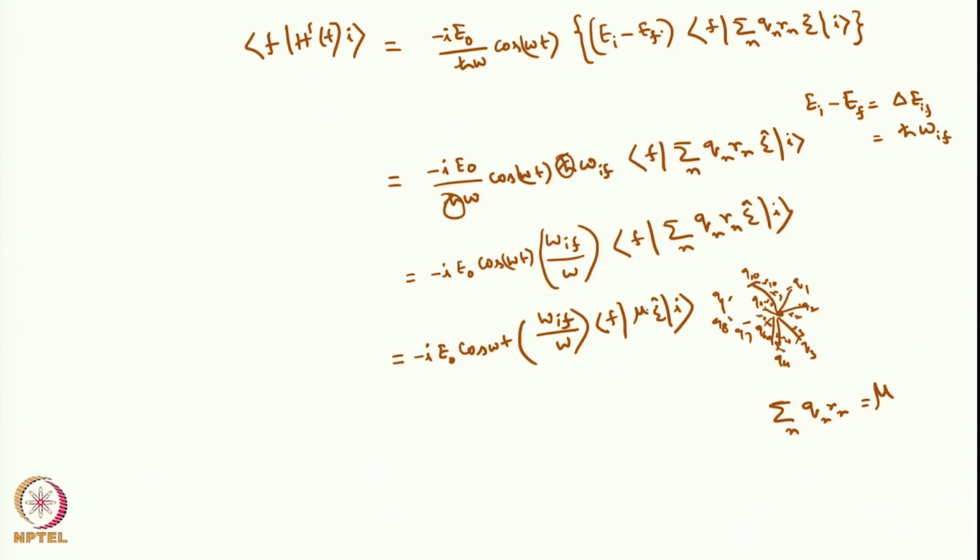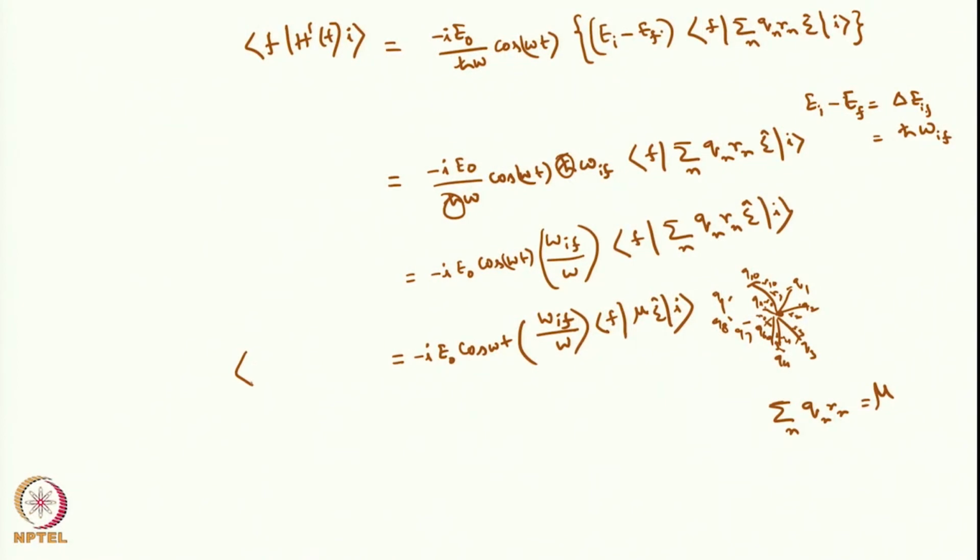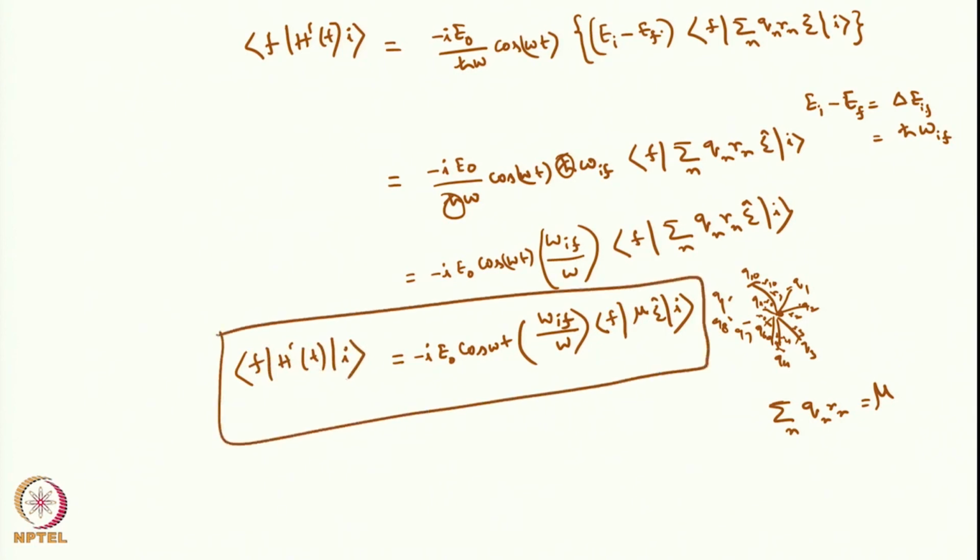Okay. Now, what is mu dot epsilon? Mu epsilon simply means that mu has to have a dot product along epsilon, that is the electric field vector. So, that is given by this equation. Now, one could understand, if you forget these prefactors, this integral depends on the dipole moment of the atom or the molecule.